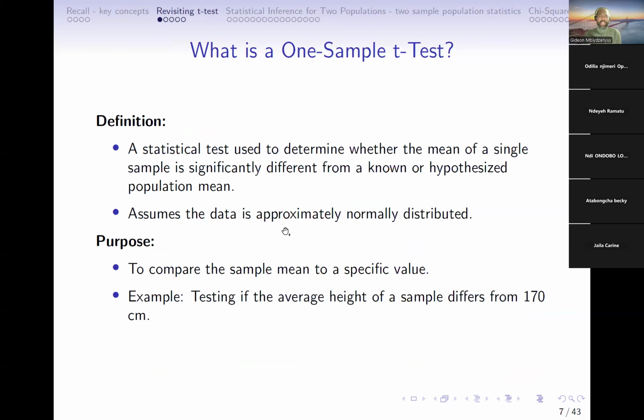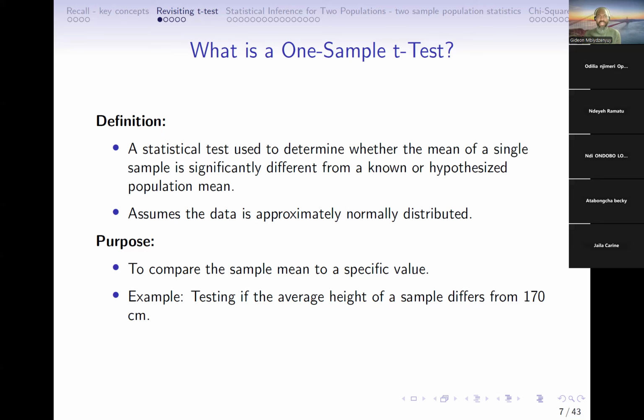In that discussion last time, we also talked about the one sample t-test, which basically deals with one sample, as the name says, and with a t-test statistic, and is used to determine whether the mean of a single sample is significantly different from a known or hypothesized population mean. There's a lot of key terms in this, which I hope we understand.